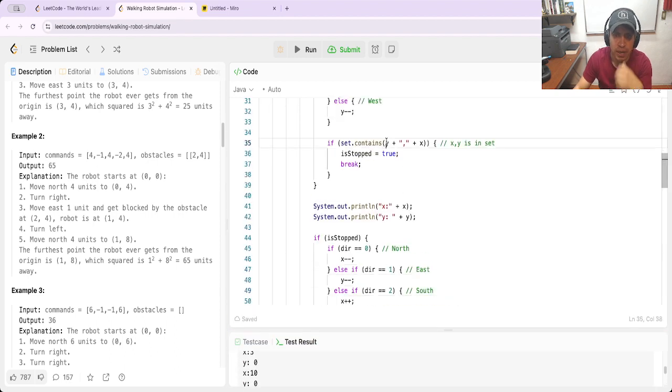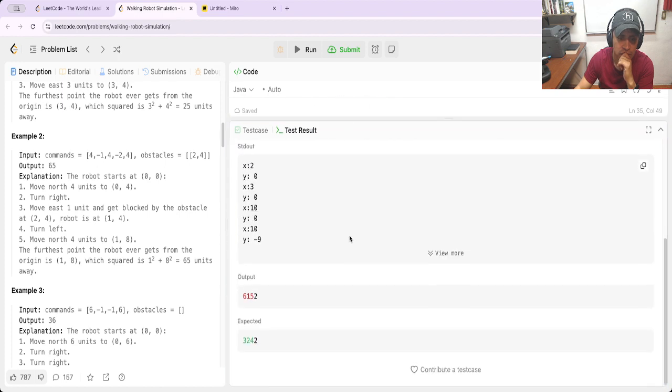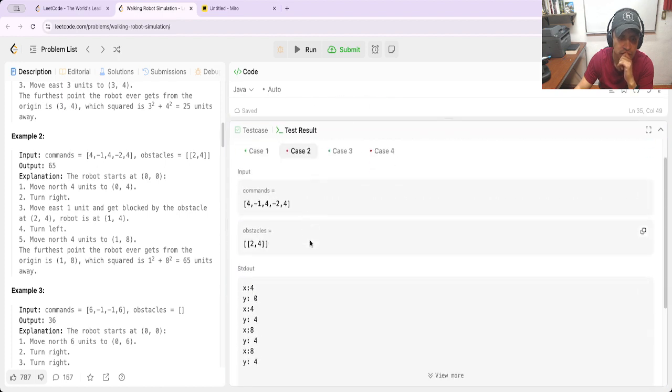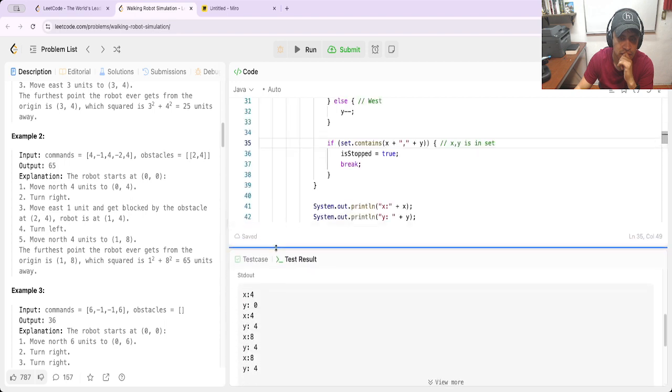Okay, I will come back to x and y. Okay, and both are wrong, but another solution is to handle in a different way the way to detect the obstacles.